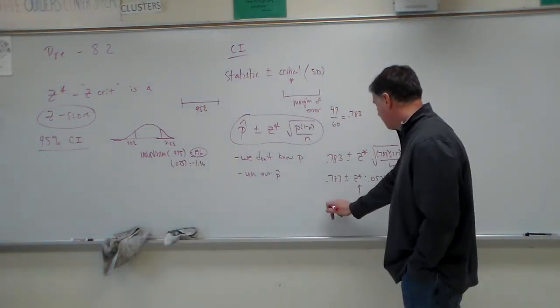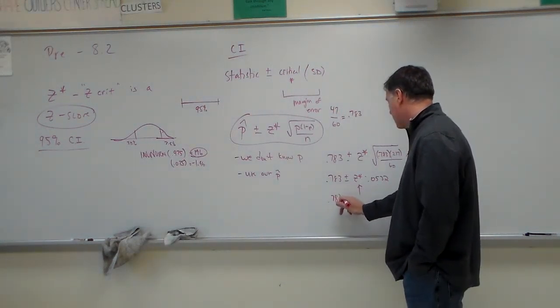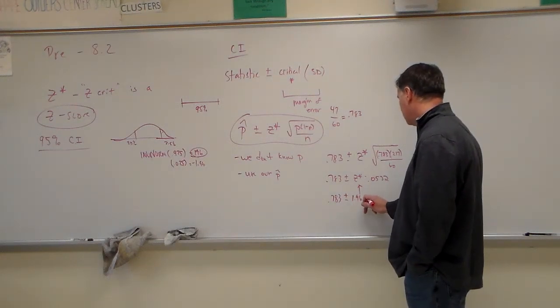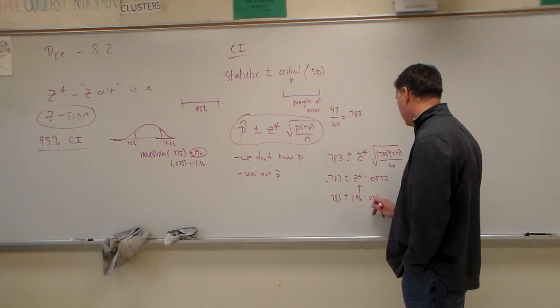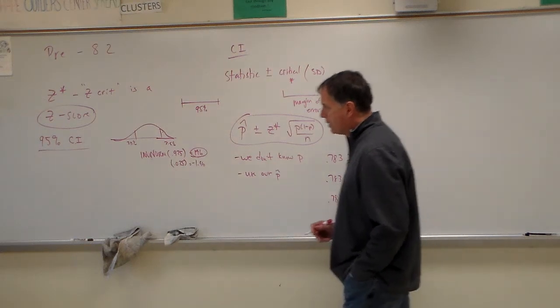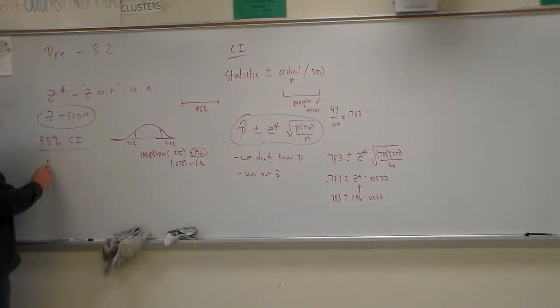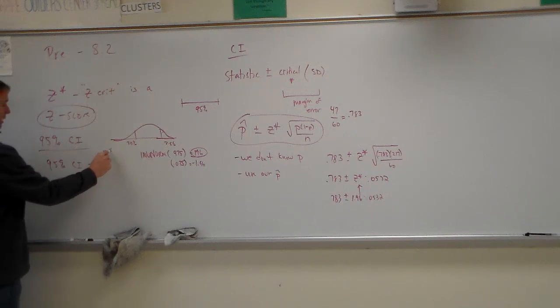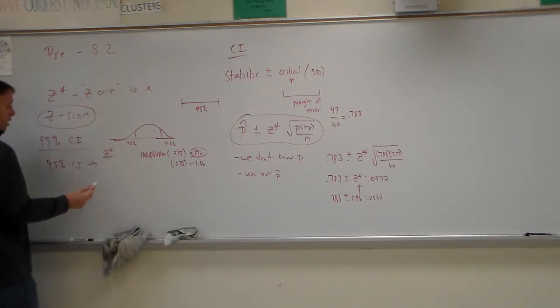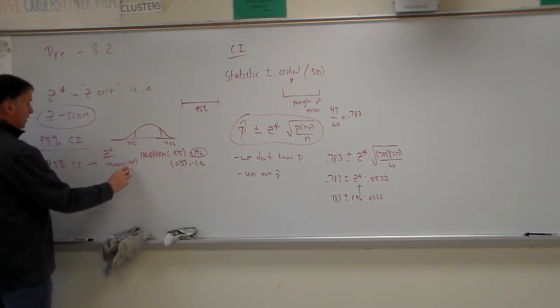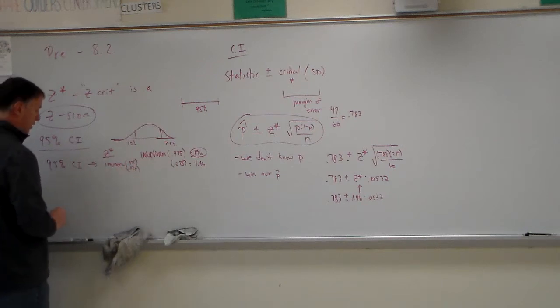So when we do this, we would do 0.783 plus or minus 1.96 times 0.0532. So for a 95% confidence interval, my critical Z was inverse norm 0.975 or 0.025. Either of those work.